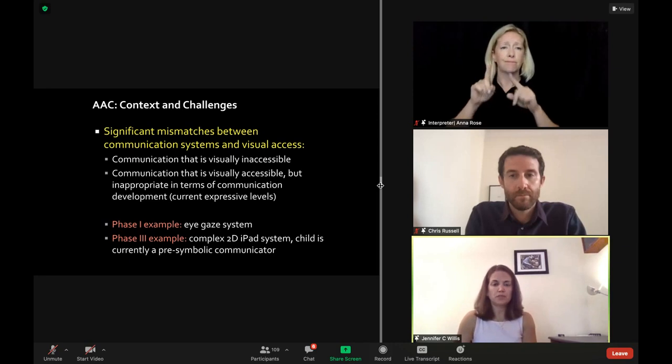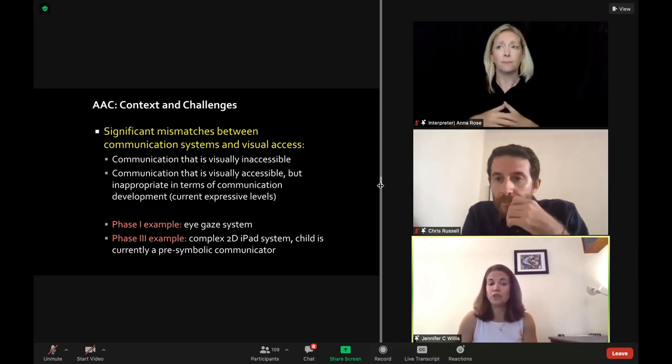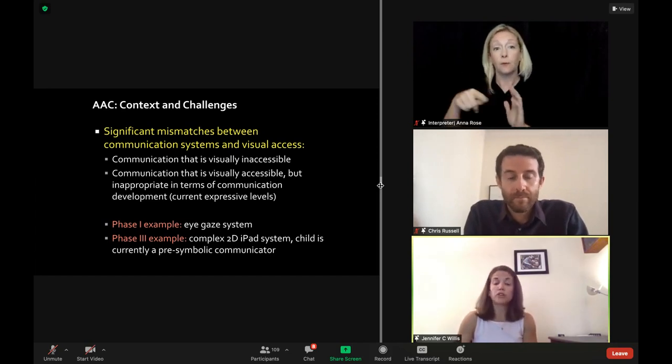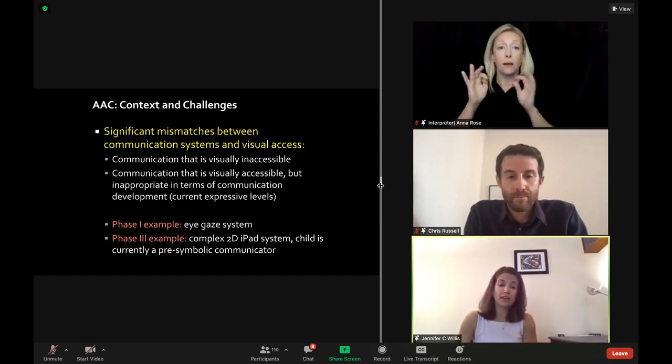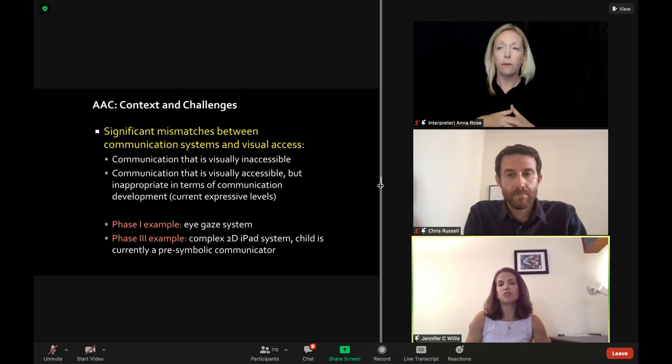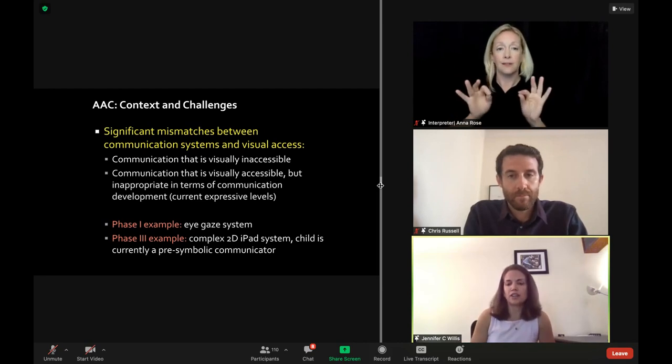You'll see some examples at the bottom, like a student who's in phase 1 using an eye gaze system that might not be visually accessible for them. Or a student who is in phase 3 using a complex iPad system, which visually might be accessible for them, but if they're a pre-symbolic communicator, the icons used on that iPad might not be accessible for them at their expressive communication level.